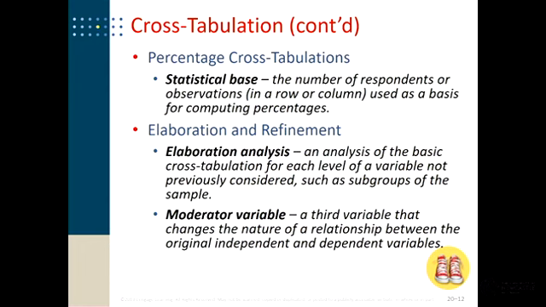You find that, okay, there is a positive relationship, or a negative relationship. Now, sometimes you introduce a third variable, that we call a moderator variable, and check whether the result that you get still exists or not. So that's called a moderator variable.